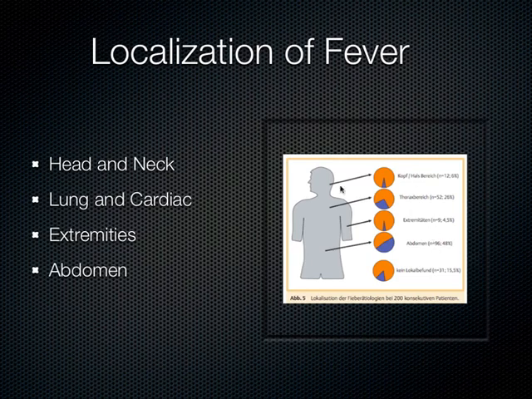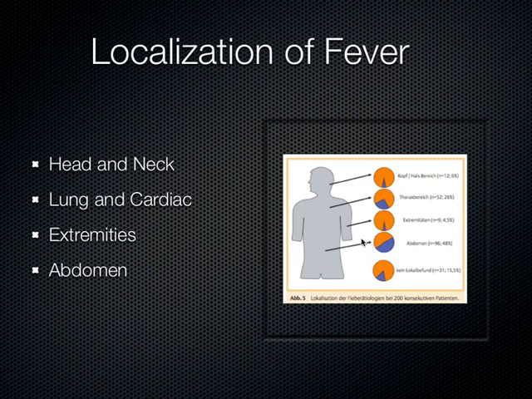This is a diagram from their article. I don't speak German, but it looks like you could go to the head or neck in about 12% of patients. They found the evidence in 26% of patients in the chest, lung or heart, and in the extremities about 4.5% of patients.